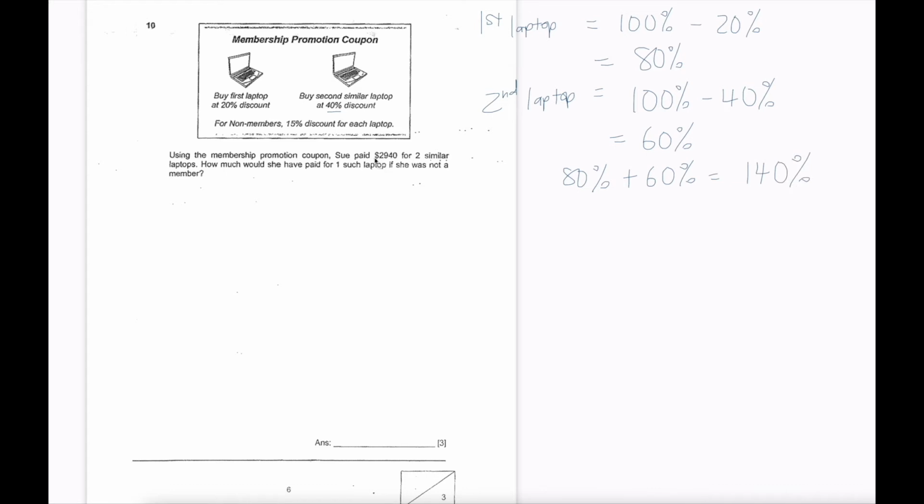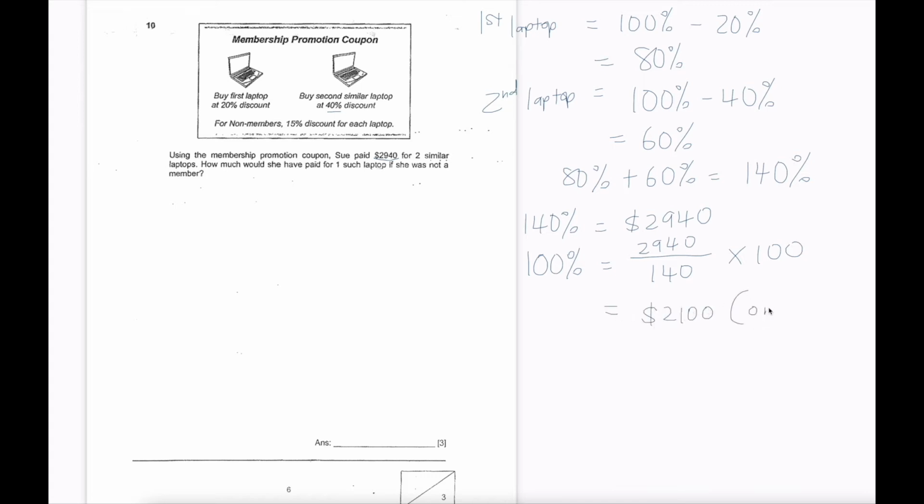And it's this price. So 140% is equal to $2,940. We need to find out what's 100%, because 100% is the original price of one laptop without any discount. So 2,940 divided by 140 times 100. Using our calculator, we get 2,100.